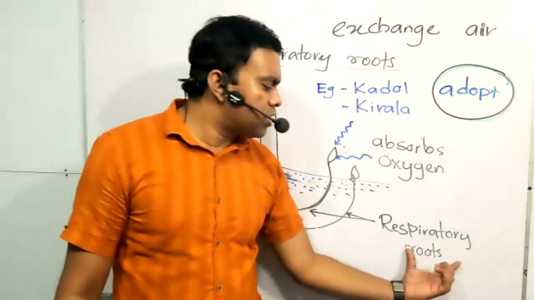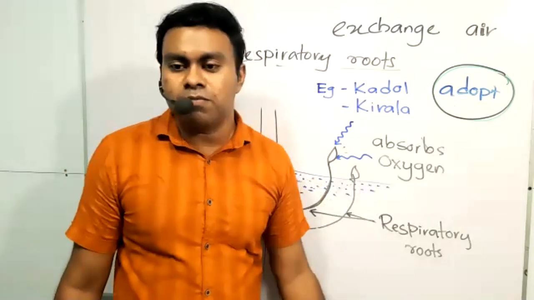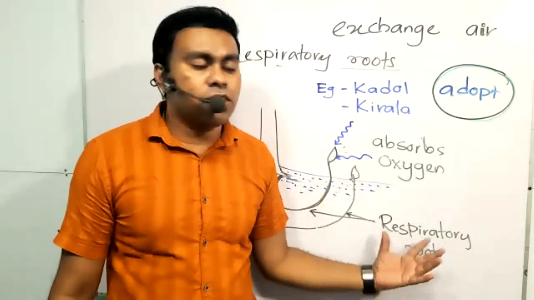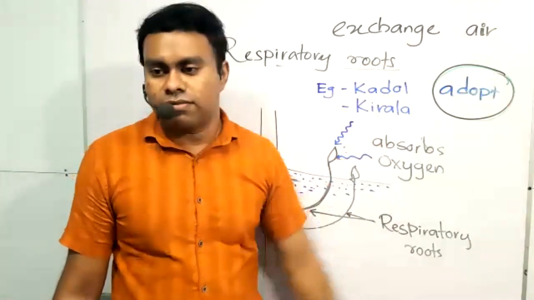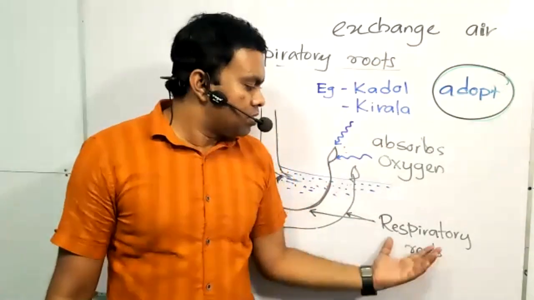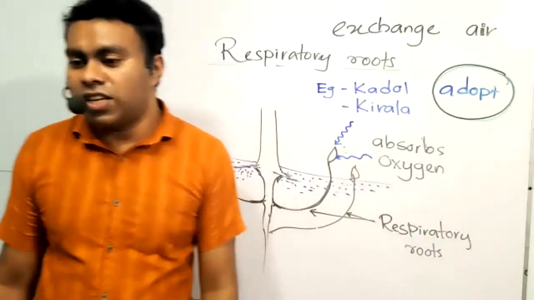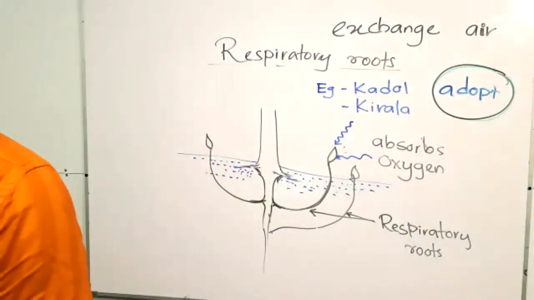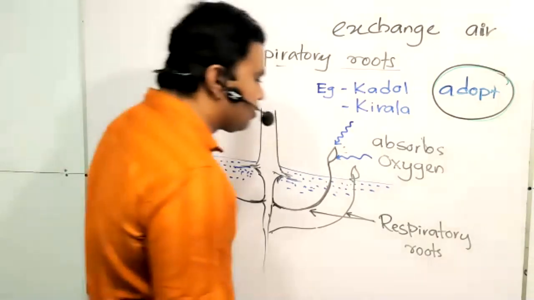So the sentence I gave you is: usually roots are used to absorb water and minerals, but respiratory roots are adapted. How to tell? But respiratory roots are adapted to exchange air. Good. Sir, shall we write the sentence?